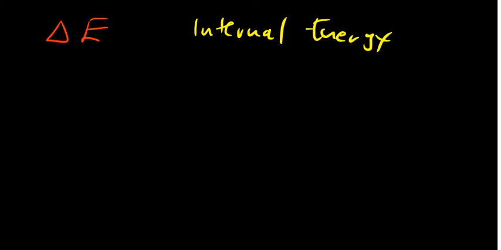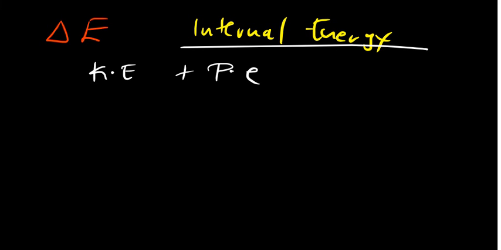We can say our internal energy is just a sum of all the energies of a system. That is kinetic energy, potential energy. So the sum of all the kinetic and the potential energies for every particle in a system.